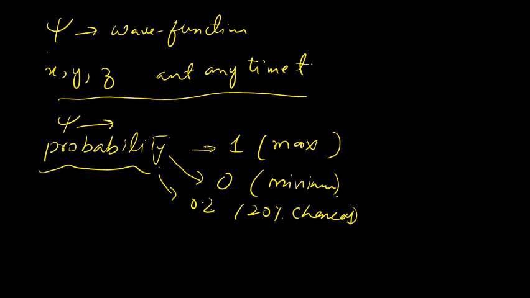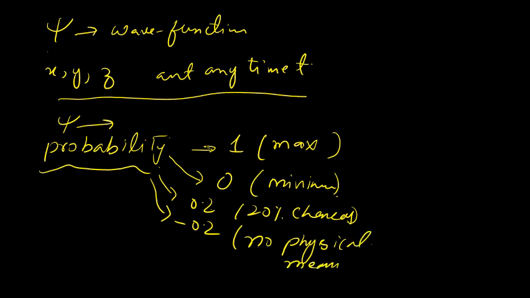But the amplitude of any wave is as often negative as positive, and a negative probability, for example minus 0.2, has no physical meaning. There is no sense in saying there is a minus 0.2% probability of finding the body.